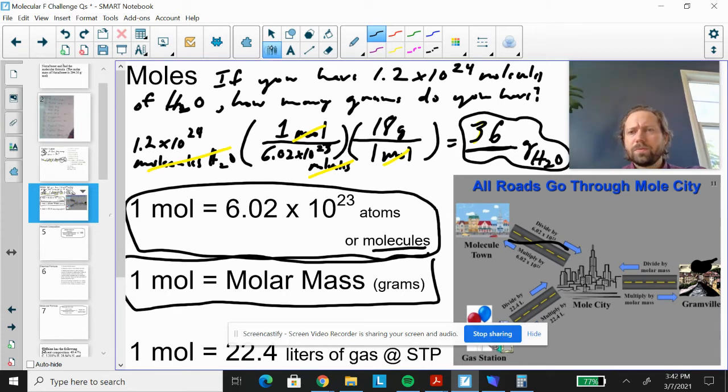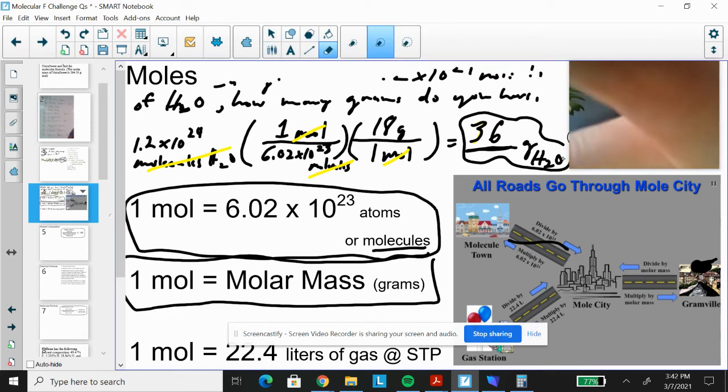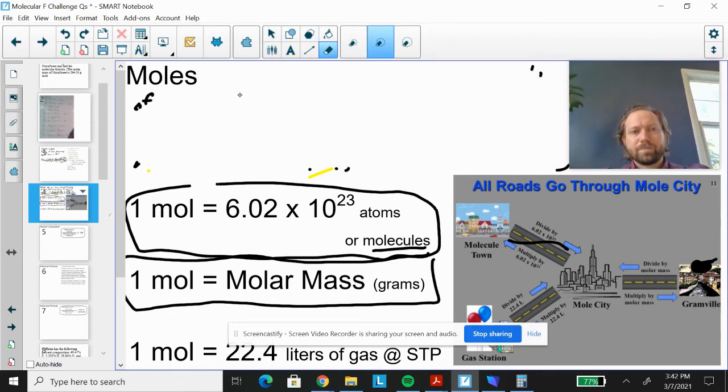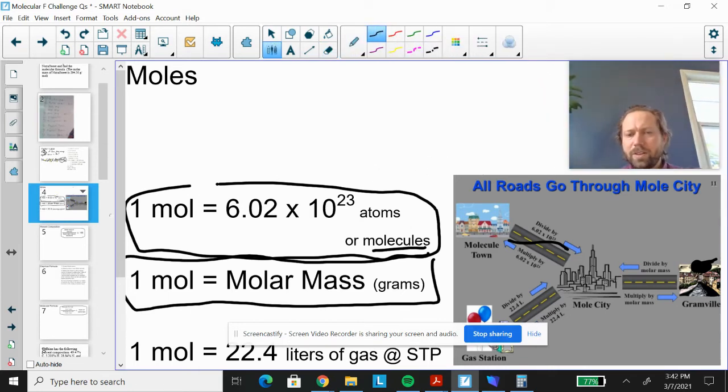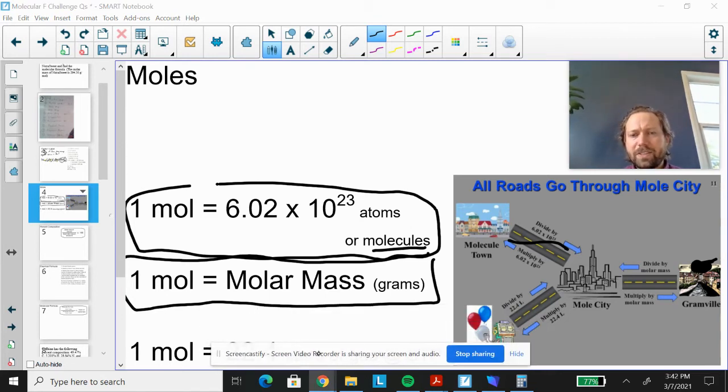Okay. All right, let's try one more. So let's get into a little bit of the gas station down there. Now the gas station is only for gases.